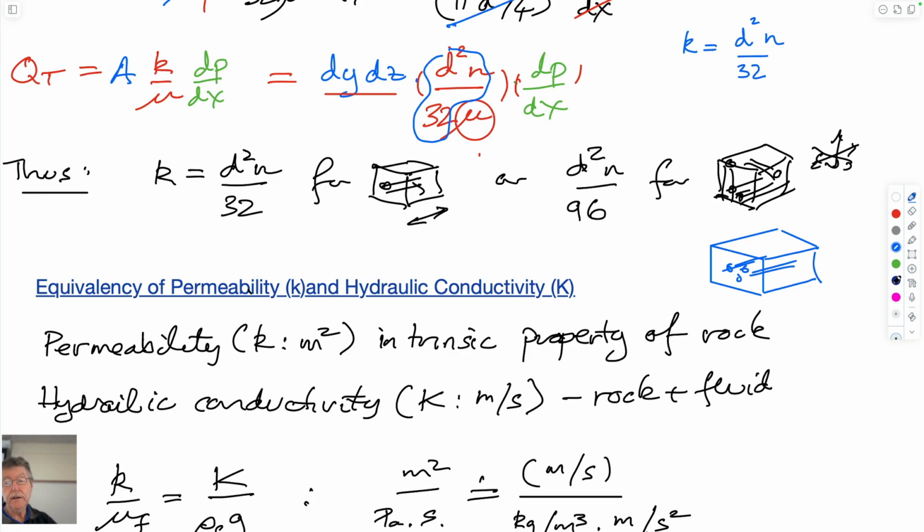But if we also have capillaries going out from this face, which would have to come across from the other side, if we calculated what the permeability of this would be, we'd get that the permeability would be equal to porosity d squared divided by 64.